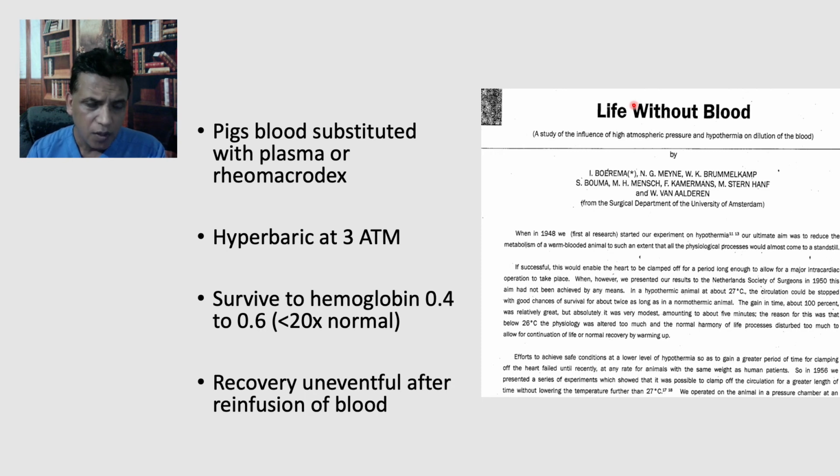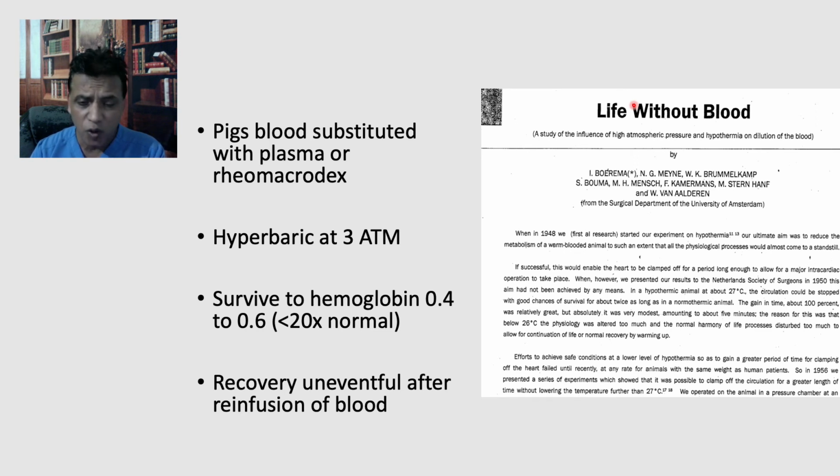So, Professor Boerema and colleagues conducted a series of experiments whereby they washed out the blood from the pig's body by aspirating it through the femoral artery and used a comparable amount of volume expander, which was either plasma or Macrodex, infused through the femoral vein to maintain the pig's blood pressure to a point where they managed to wash out over 95% of the blood.